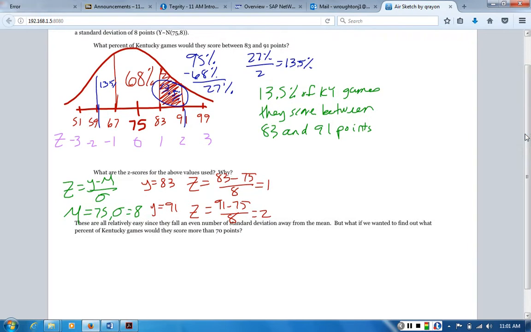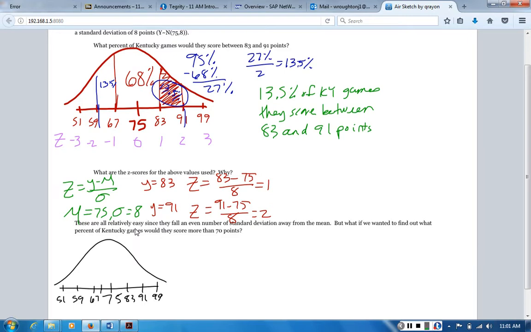So all the probabilities that we found were pretty easy because they fell perfectly on one of these increments that I had. But what if instead I wanted to find out the percent of games that they have more than 70 points? So if I drew my picture here, where is 70?